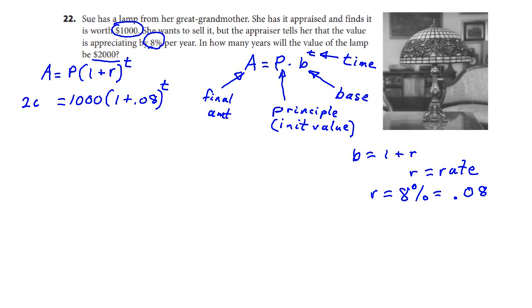So in place of amount we put $2,000. And just simplifying the base, we have 2,000 equals 1,000 times 1.08 to the power of T.